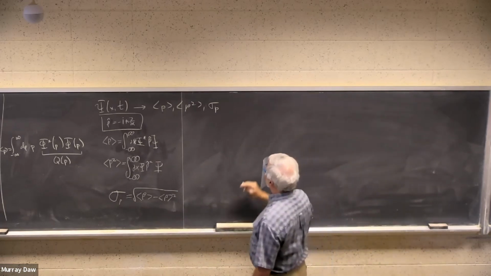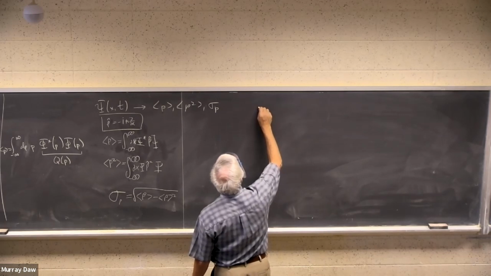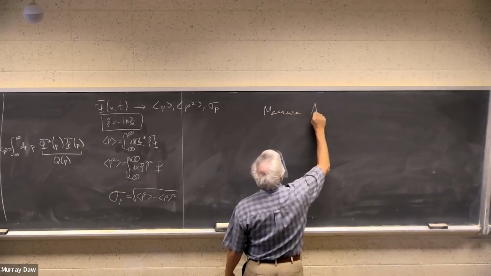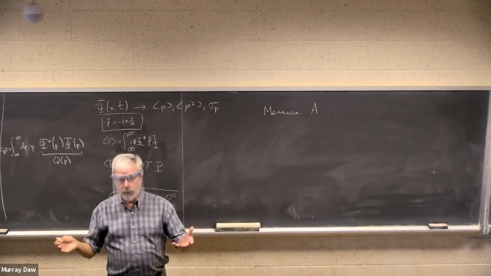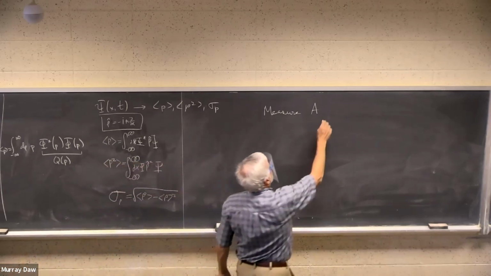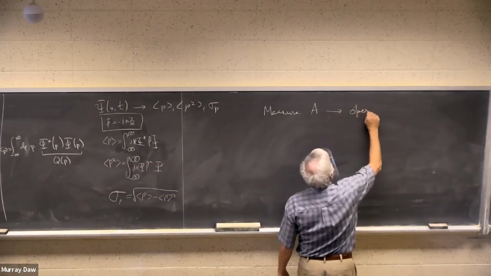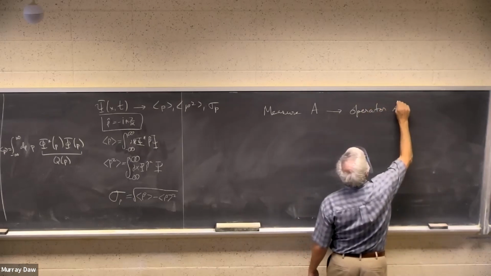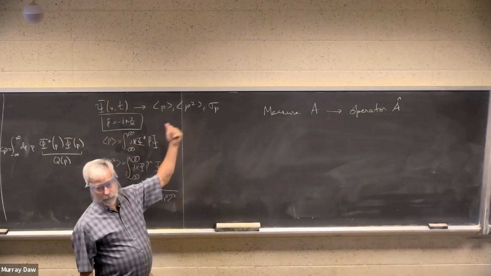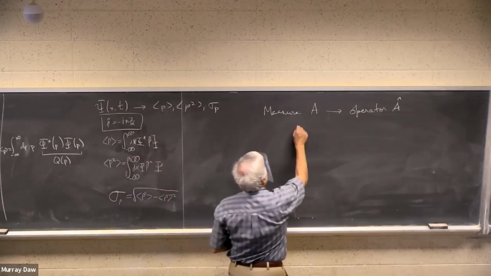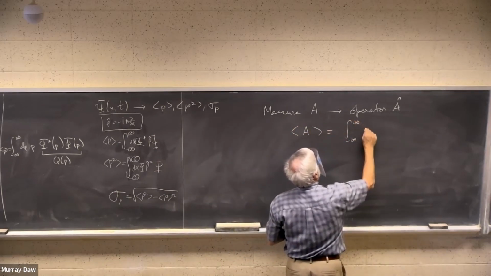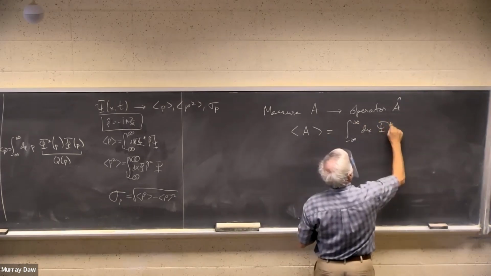So in general, if we have something that can be measured, call it A, some generic thing like x or p or energy, there will be associated with that an operator in quantum mechanics, which can operate on the wave function to extract that, so that the ensemble average of that measure is going to be given by psi star A hat psi.